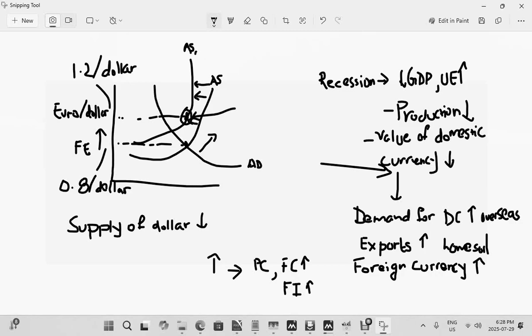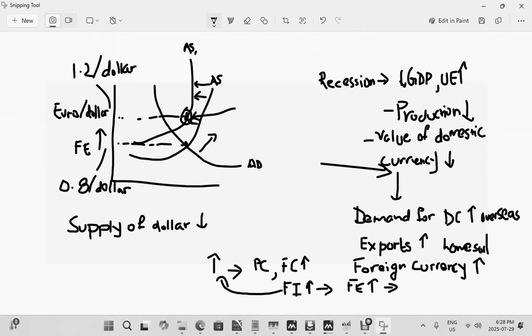Why? Because they want to take advantage of this high interest rate. If your interest rate is high, you know you're going to make more money from your savings account in the bank, and you have a larger return on investment, as a result of which foreign investment goes up. As foreign investment goes up, your foreign exchange rate goes up, which means it becomes stronger.